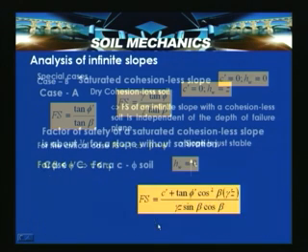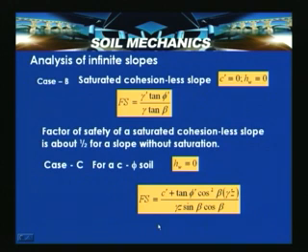In case B, let us consider a saturated cohesionless slope, that is, in this case c' is equal to 0 and H_w is equal to 0, which means that the water level is at the slope surface. In this case, again in the general expression, if you substitute, the factor of safety is obtained as gamma' tan phi' divided by gamma tan beta, where gamma' is the submerged unit weight of the soil, gamma is the bulk unit weight and beta is the slope inclination.